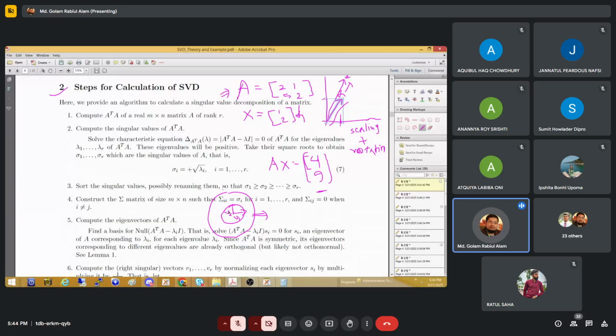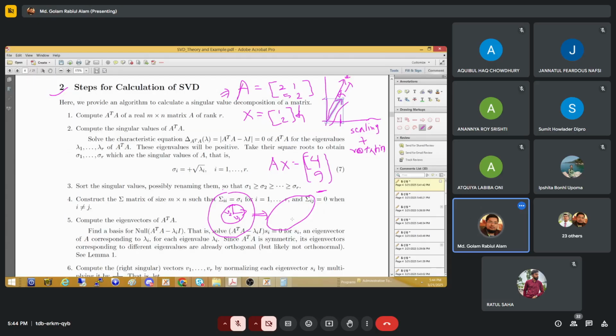If we have a similar scale for v1 and v2, then maybe we'll get a circle. And if we have different scales, v1 scaled differently and v2 scaled differently, in that case after scaling we will get some elliptical shape.